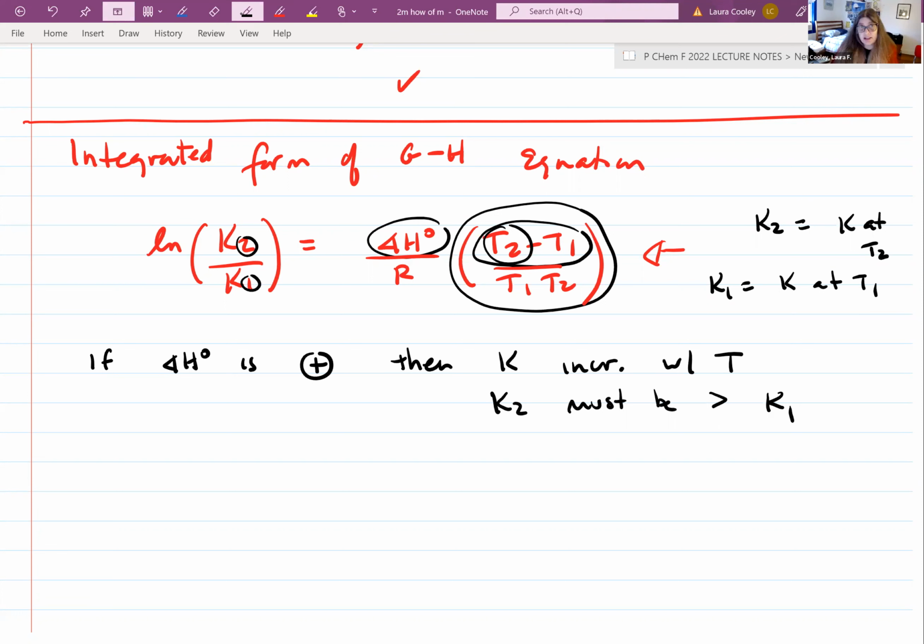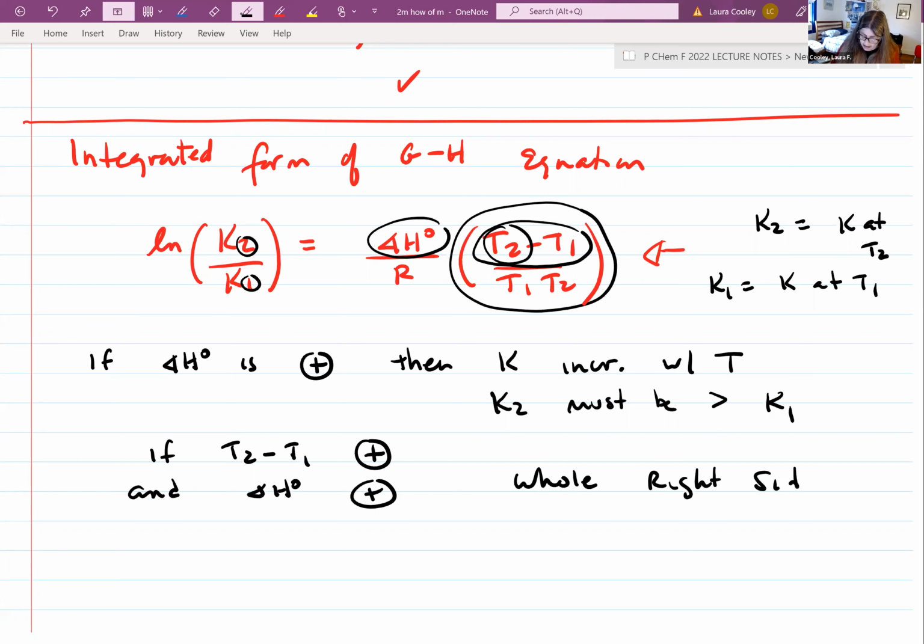If T2 minus T1 is positive and delta H0 is positive, then the whole right side is positive.